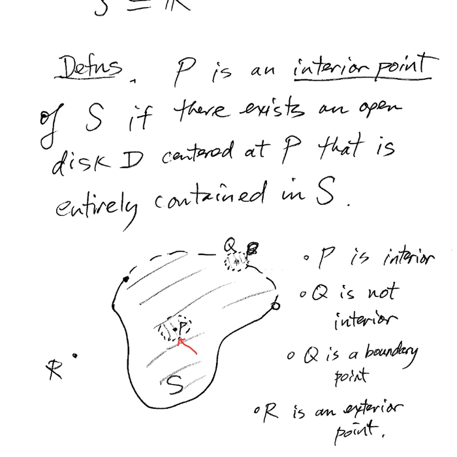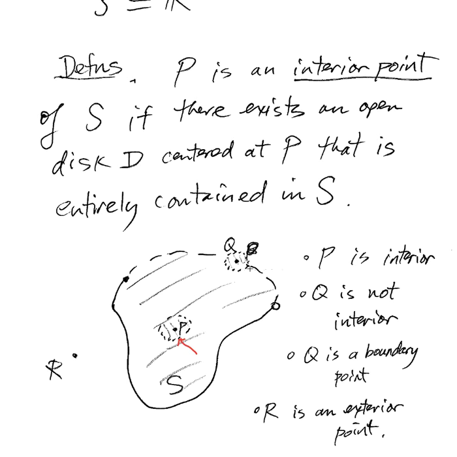This is what we would call a boundary point because of the following. If I take any open disk, no matter how small, centered at Q, it is not true that that disk will be entirely contained in S. It'll always contain points in the complement of S, in other words outside of S in the real plane.